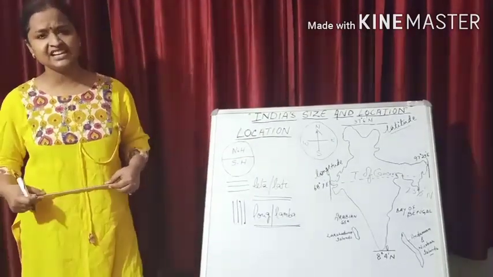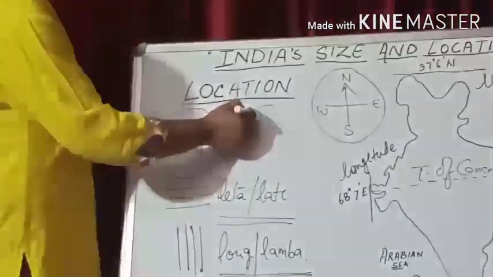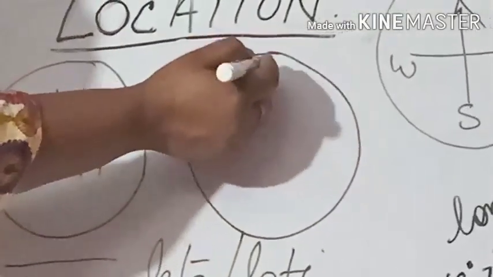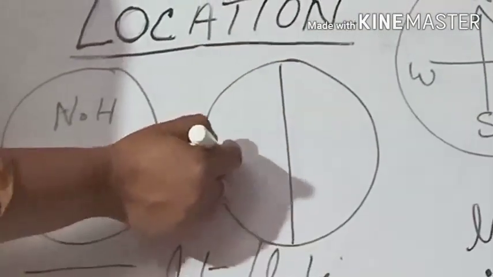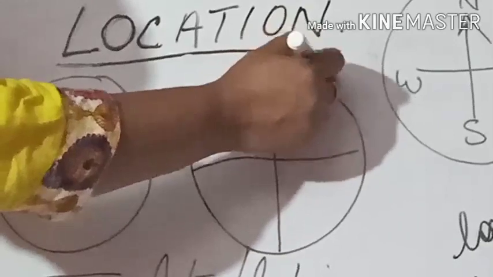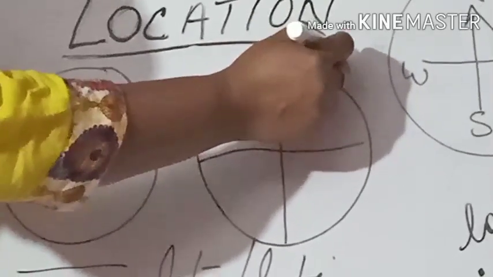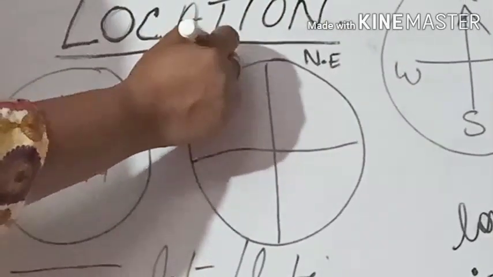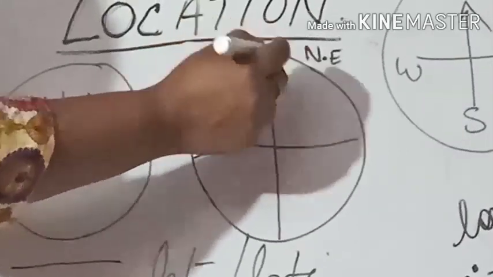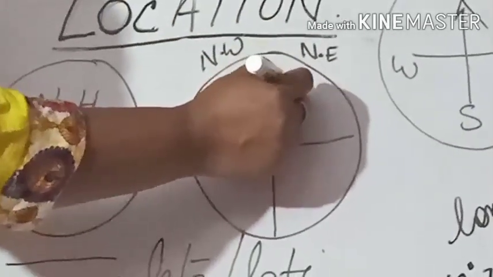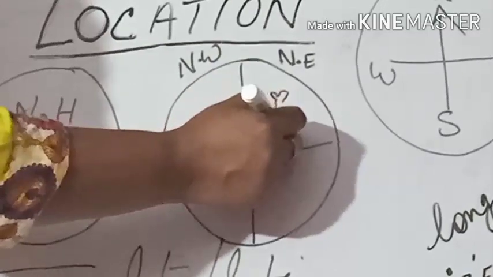But in an extended version, India is in the north eastern hemisphere. We can make a diagram over here to just make it simpler.